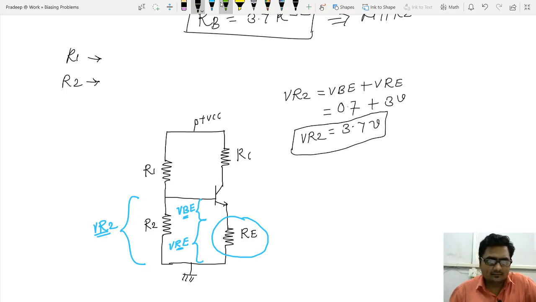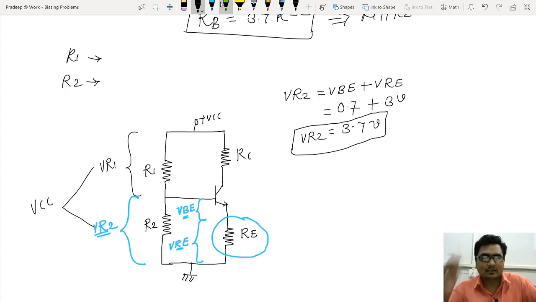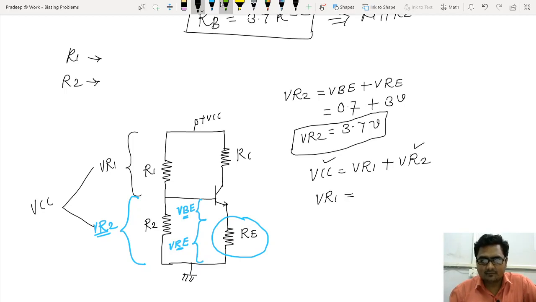Now what is VR2 plus VR1? VR1 and VR2 are nothing but VCC. See, the complete VCC is divided across resistor R1 and resistor R2. It means if I add VR1 and VR2, it becomes VCC by the voltage division rule. So VCC is VR1 plus VR2. Now VCC is known, VR2 is known, so VR1 equals VCC minus VR2.